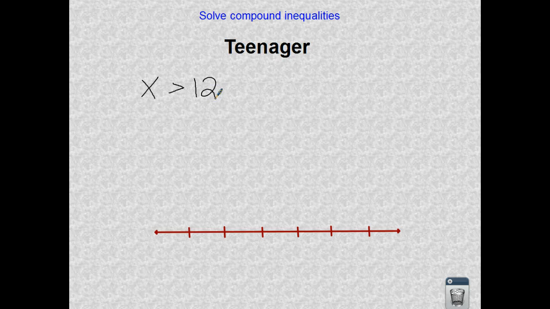Or you have to be less than 20. So if you're 19, 18, 17, 16, 15, 14, or 13, I'm even going to change this. I'm going to change the first one because greater than 12 means you could be 12 and a half, but you're not a teenager yet. So I'm going to change the first one. I'm glad I rechecked that.